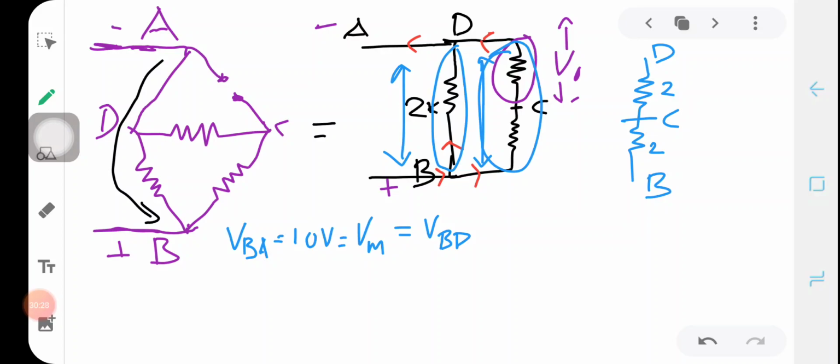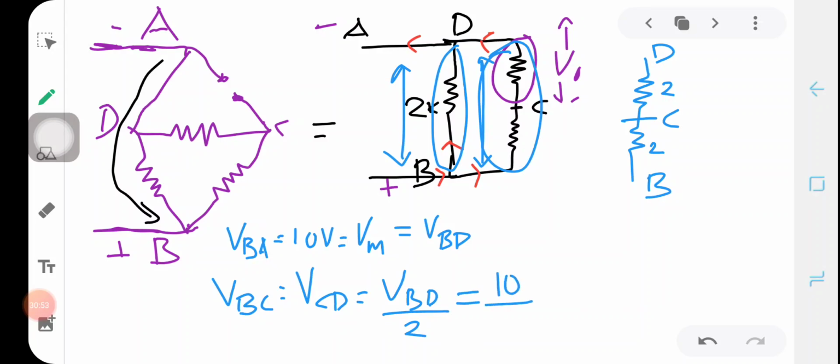Since they are in series and the resistances are the same, the voltage across each, that is VBC, will be equal to VCD, and this will be half of the voltage across BD, VBD by 2, which is 10 by 2, that is 5 volt.